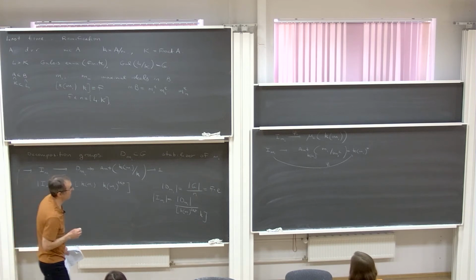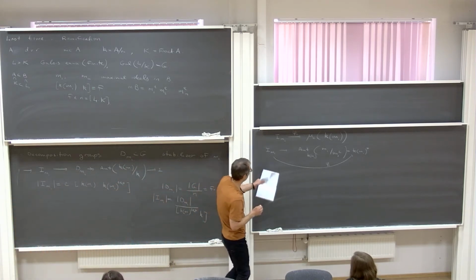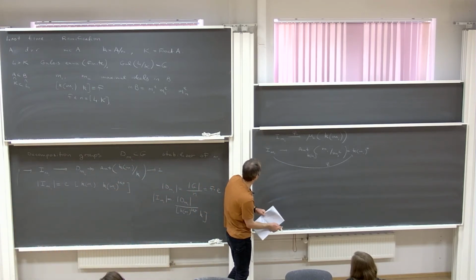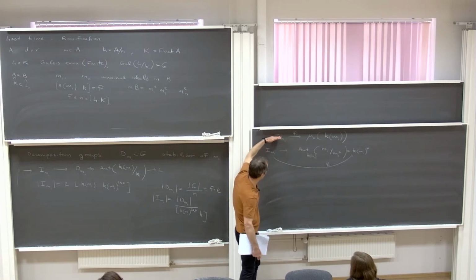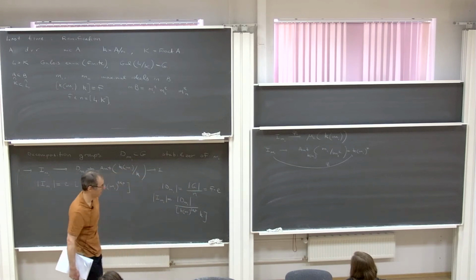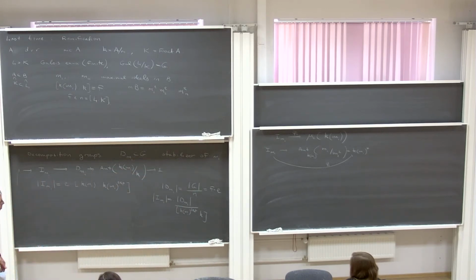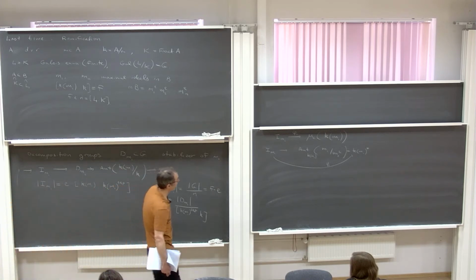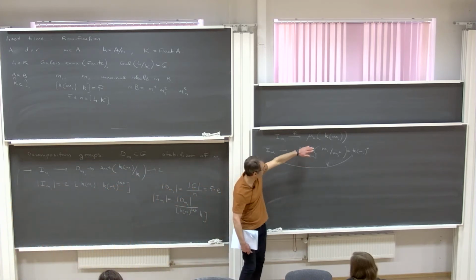So, the image, because it's a homomorphism, must be a root of unity. The image is contained in the group of roots of unity. So now, what is the order of this group?